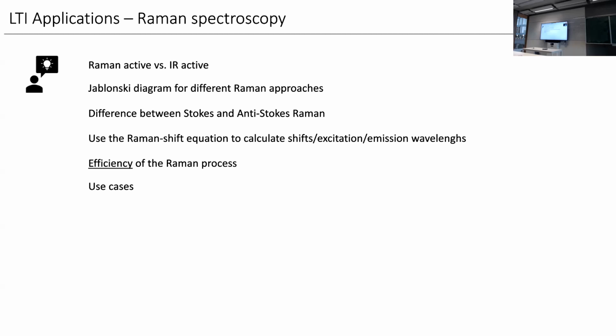The efficiency of the Raman process is very low. Compare that with, for example, the efficiency of fluorescence or phosphorescence. Also the time scale on which this process occurs. Raman is nearly instantaneous. Phosphorescence can take hours.